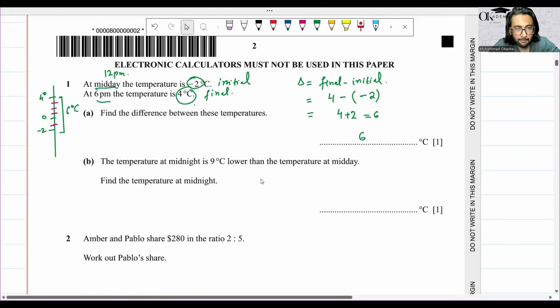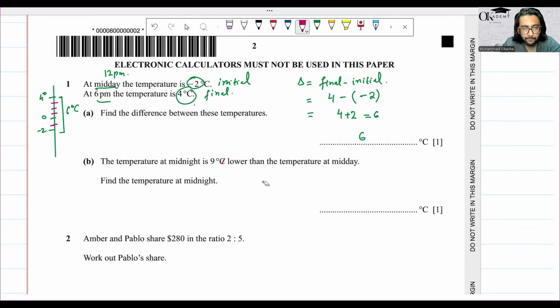The temperature at midnight is 9 degrees lower. Lower means I'll do a subtraction from the temperature at midday. Of course, this is part B of the same question, so we take information from whatever is given initially. At midday, the temperature is -2 degrees.